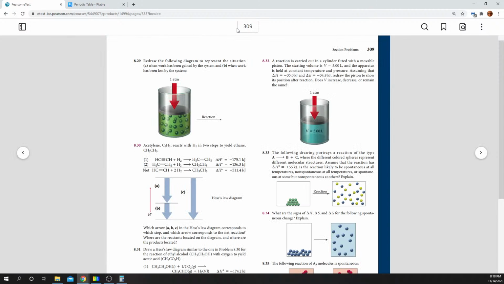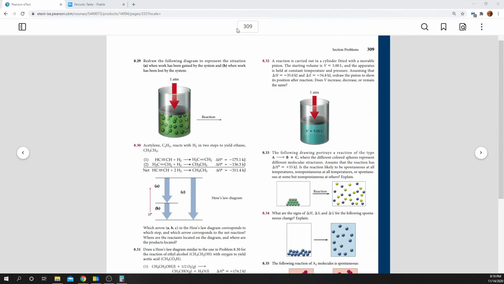I'm confusing myself somehow. Delta E is equal to negative 34.8. It's also equal to Q plus W. We know Q, so W equals negative 34.8 minus negative 35.